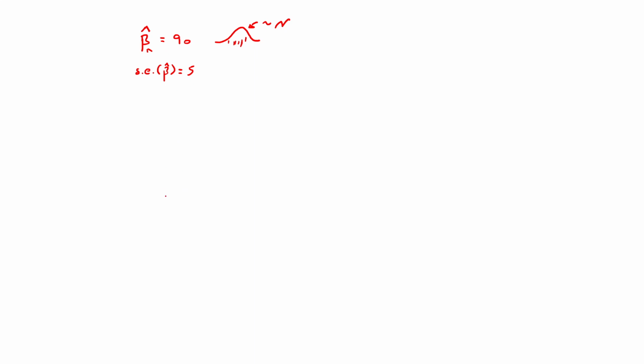And if we have a prior hypothesis, for example, that the true beta from which this sample beta is drawn is equal to 100.